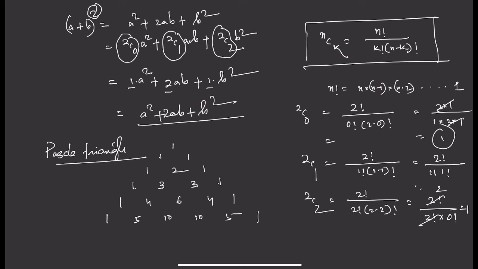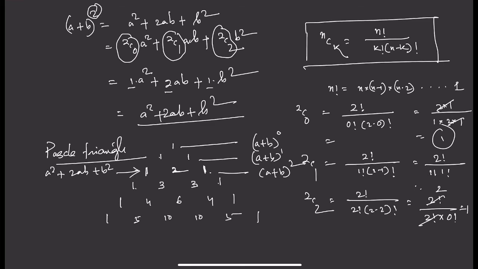So here in this format, here only one term. Suppose a plus b power 0. Okay. Here a plus b power 1. But here a plus b whole square means a square plus 2ab plus b square. These are the coefficients. That's why you are writing a square plus 2ab plus b square. Here for the a plus b whole cube formula: a cube, this 1, plus 3a square b, this 3, plus 3ab square, this 3, plus b cube.